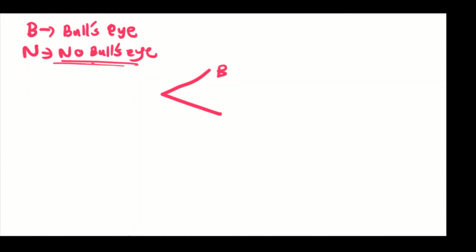So it's going to be B and it's going to be N, right? The chance of hitting the bull's eye is 50%, so it's 0.5, right? And here it's also going to be 0.5 because the probabilities of the branches of a tree must add up to 1. So this is the first shot. You either hit the bull's eye or you don't.